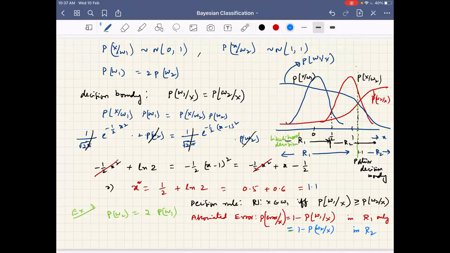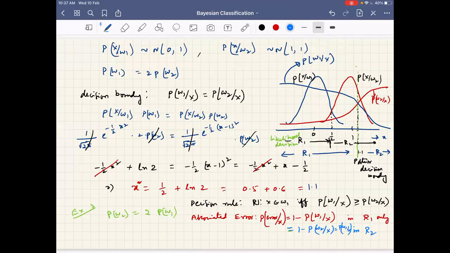Now, what is 1 minus P of omega 1 given X? Because the sum is 1, this is in fact equal to P of omega 2 given X. The second one is in fact equal to P of omega 1 given X. I am writing here P of omega 1 given X.